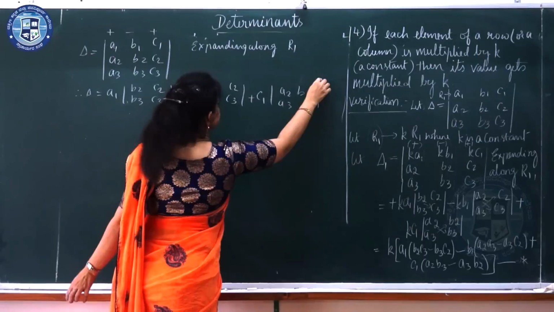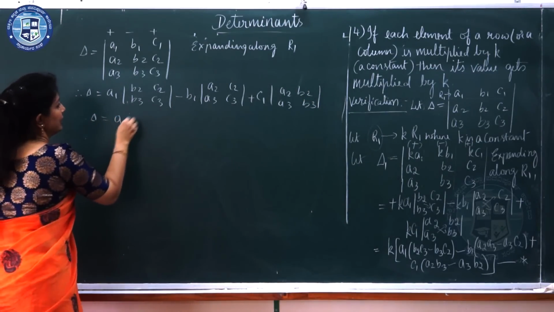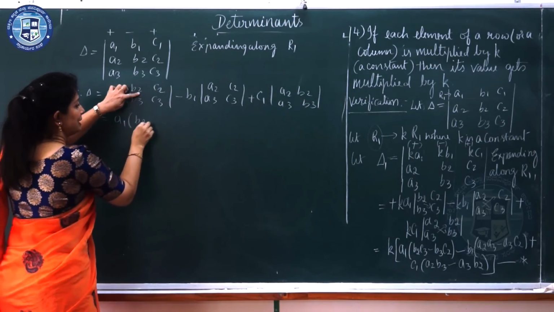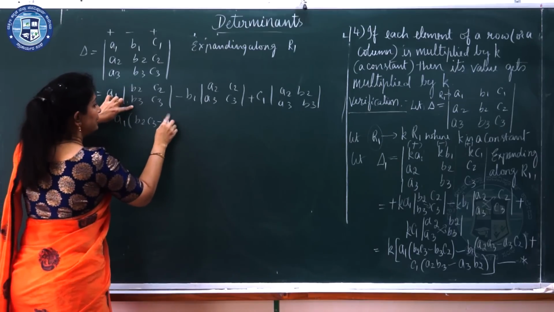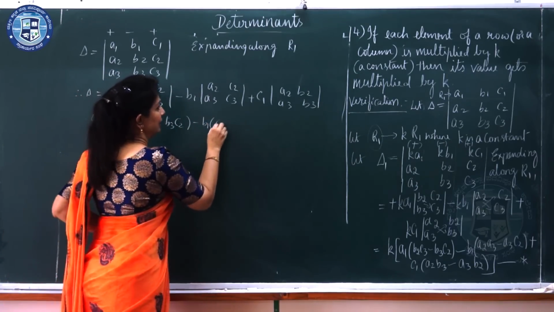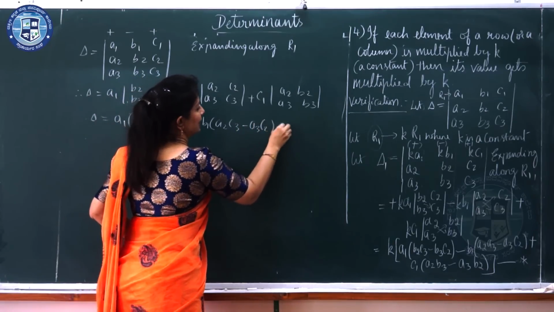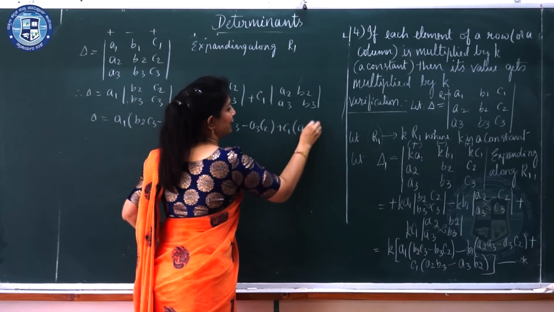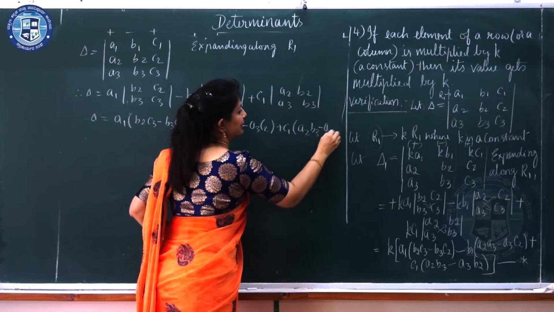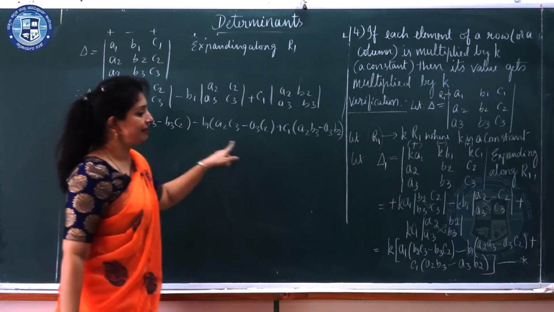When you expand, delta is equal to A1 into B2 C3 minus B3 C2, minus B1 into A2 C3 minus A3 C2, plus C1 into A2 B3 minus A3 B2. Just observe this, students. Do we get delta value here?